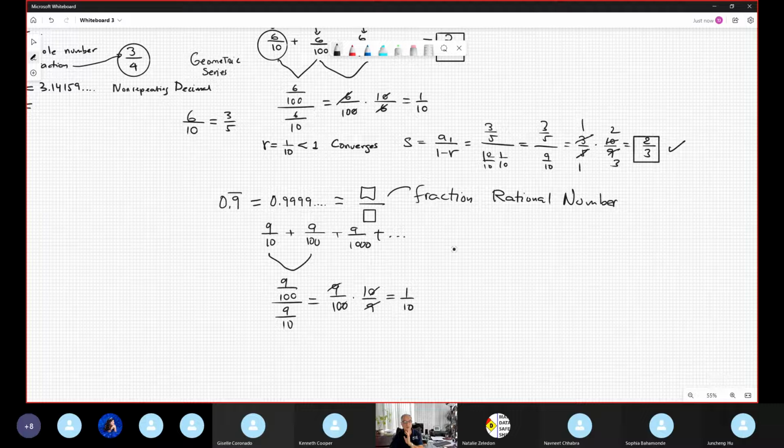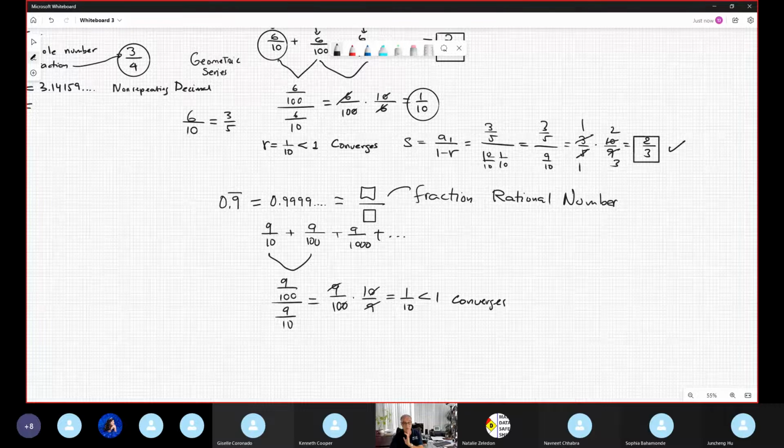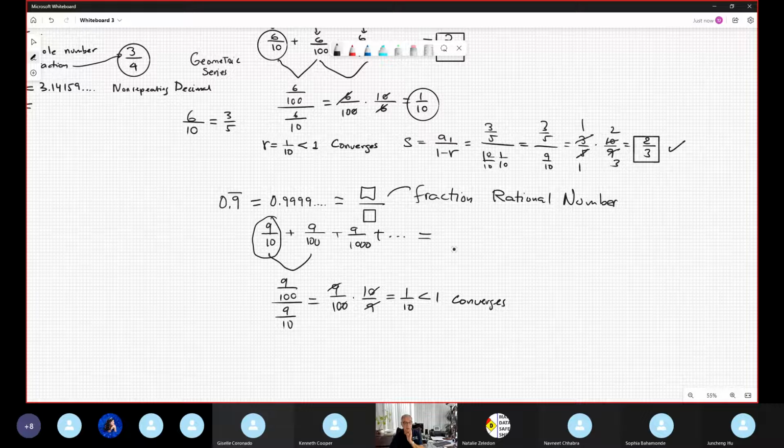It's exactly the same as before, but the thing that changed in the formula is that it says convergent. But A1 is again 9 over 10, sorry. So the formula is S equals A1 divided by 1 minus r.